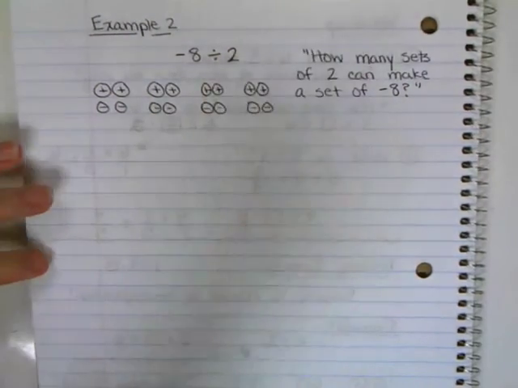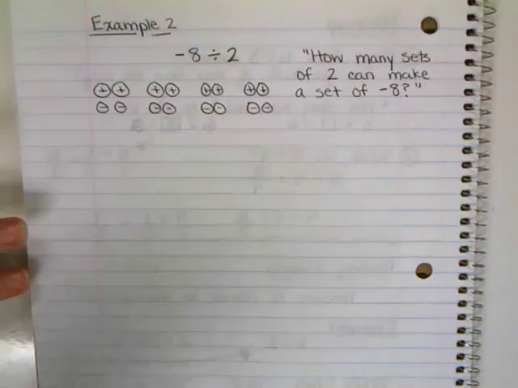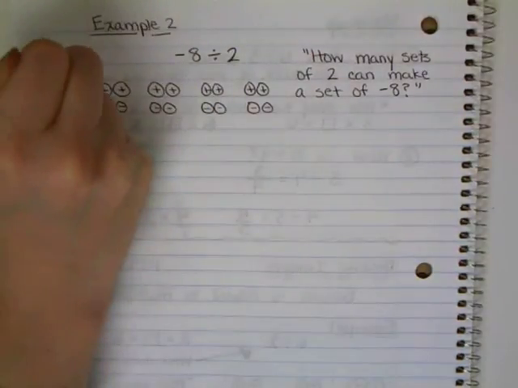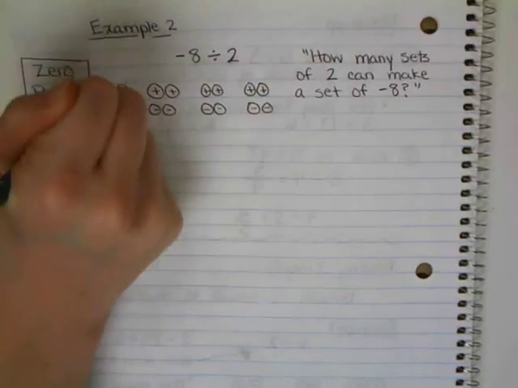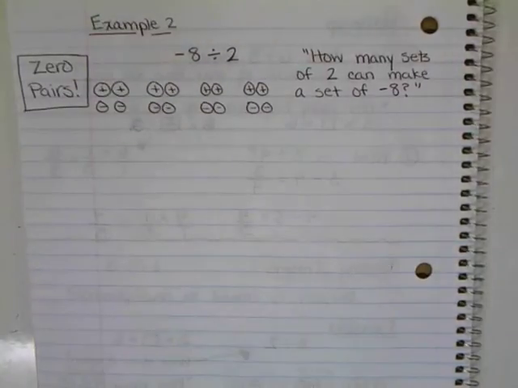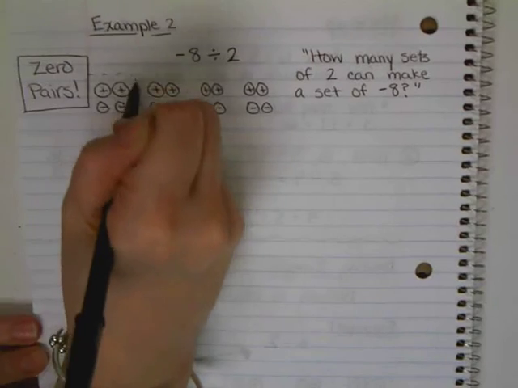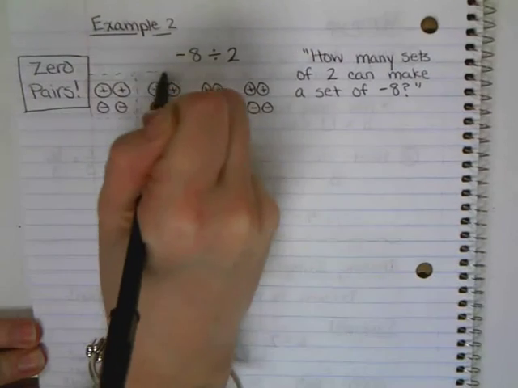How do you draw circles? And I'm putting zero pairs over here on the side because that's very important. We have zero pairs. So I added 4 sets of zero pairs.